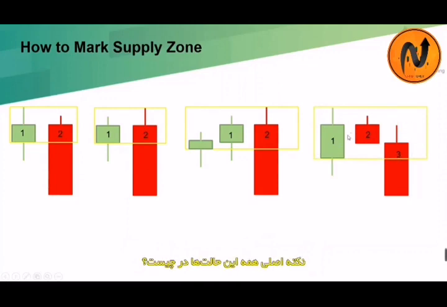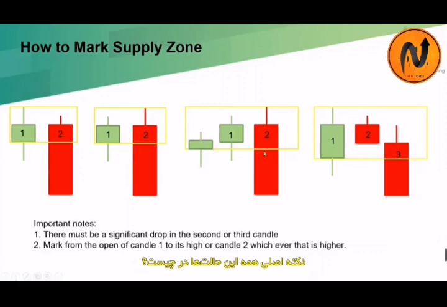What is the main point of all this? The important note is that there must be a significant drop, the red candlestick in the second or third candle. Then we mark from the open of the first candle to its high, or the second candle, whichever is higher.